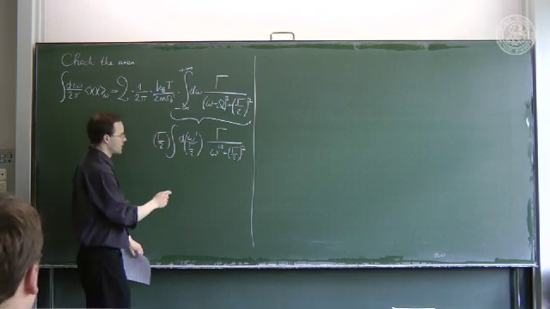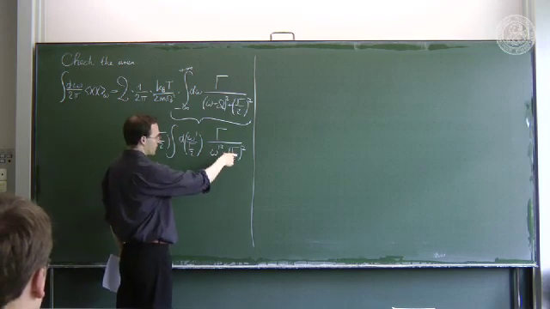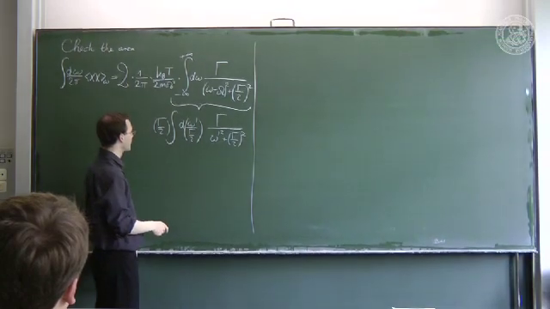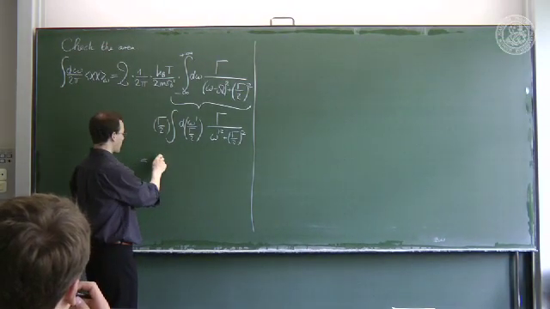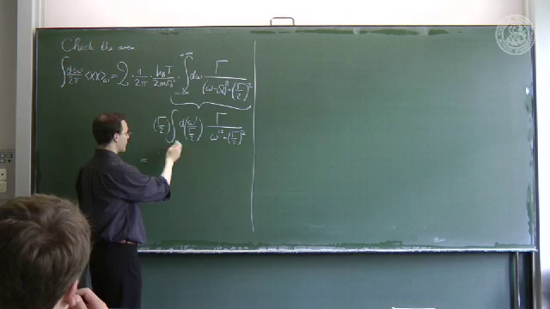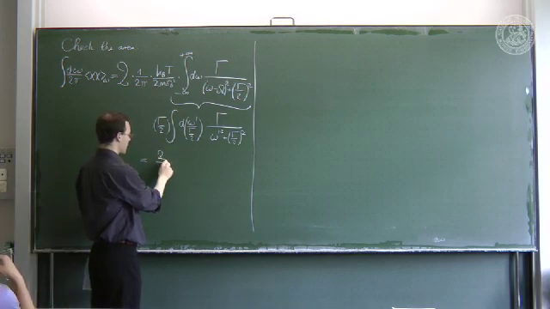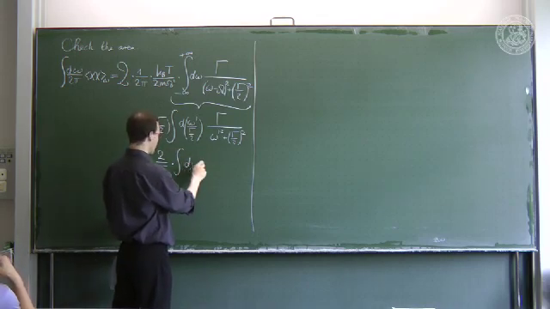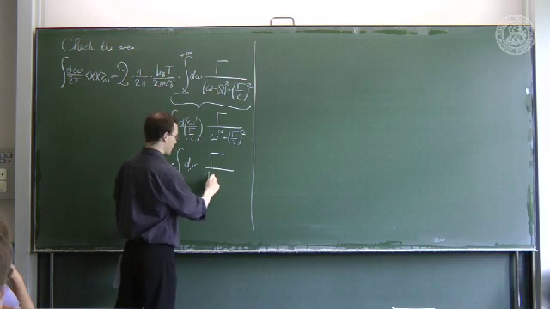And if I want to do that, I can pull out a factor of gamma half squared from the denominator. And what I find is 2 over gamma in front, integral dy gamma over 1 plus y squared.